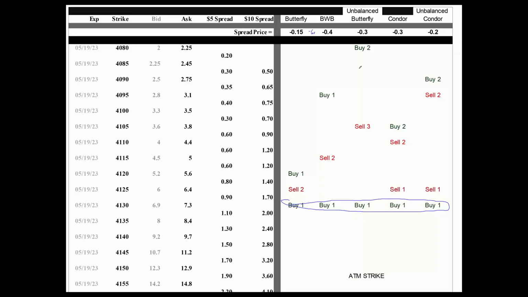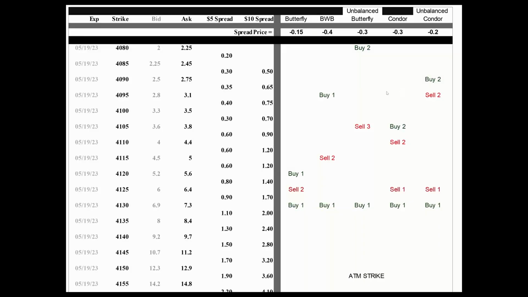And our unbalanced condors I'm trying to get for 30 cents or so, and sometimes we've done them for 20 cents or even zero. So this is really comparing apples to apples based on the prices that we closed at. That's the most fair thing I can do to compare what a butterfly, a BWB, an unbalanced butterfly, a condor, and an unbalanced condor all are.